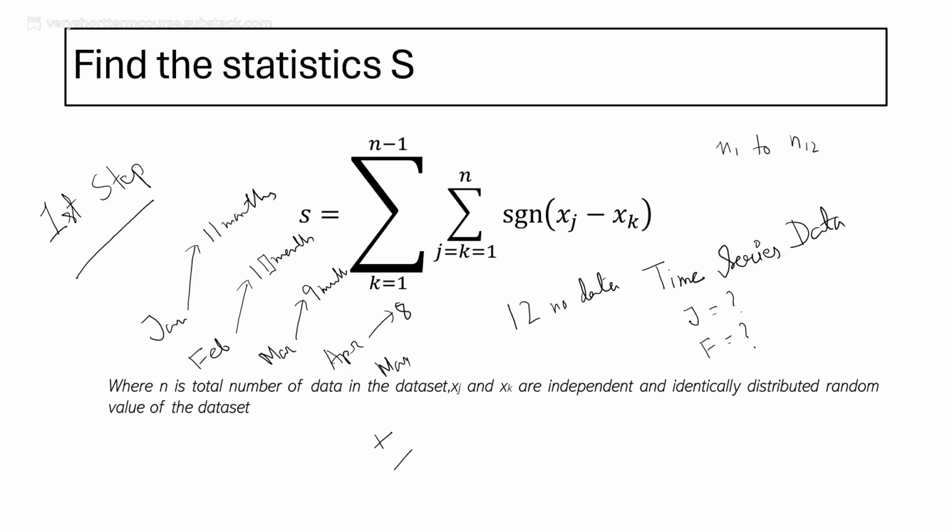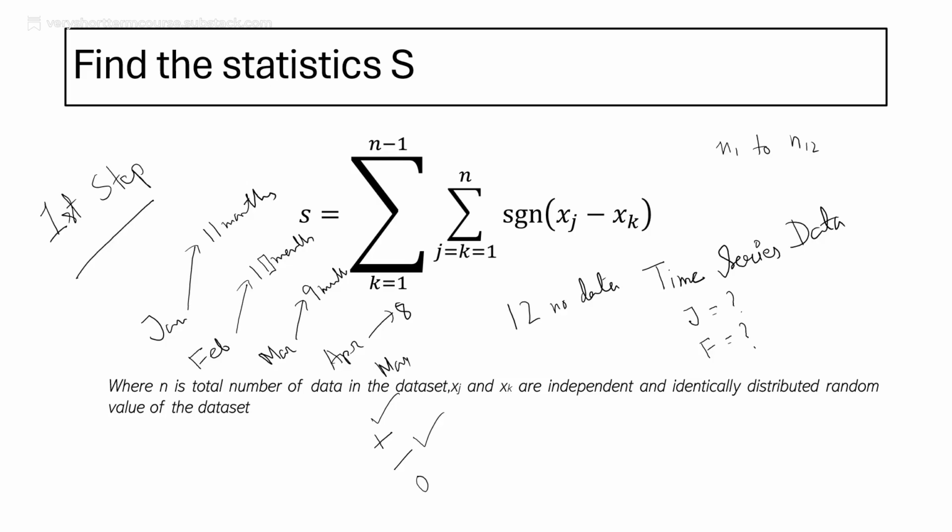Correct? Also, in this type of test, generally, if you have any data which is exactly the same as other data, then those data are removed from the data set initially. After the final step, you can include them. I will discuss this later on. So for now, if greater, plus; if less, minus; if equal, then you will give a 0.